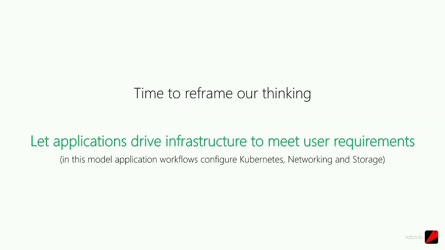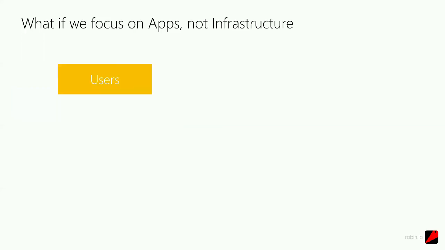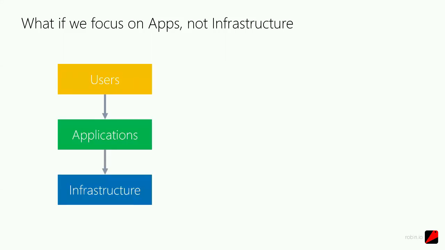let's look at it from a slightly higher level view, instead of just looking at infrastructure components. Let's reframe our thinking. At the end of the day, developers or DevOps people rely on applications, and applications rely on infrastructure. So infrastructure exists to serve the needs of an application, which in turn exists to serve the needs of a user.